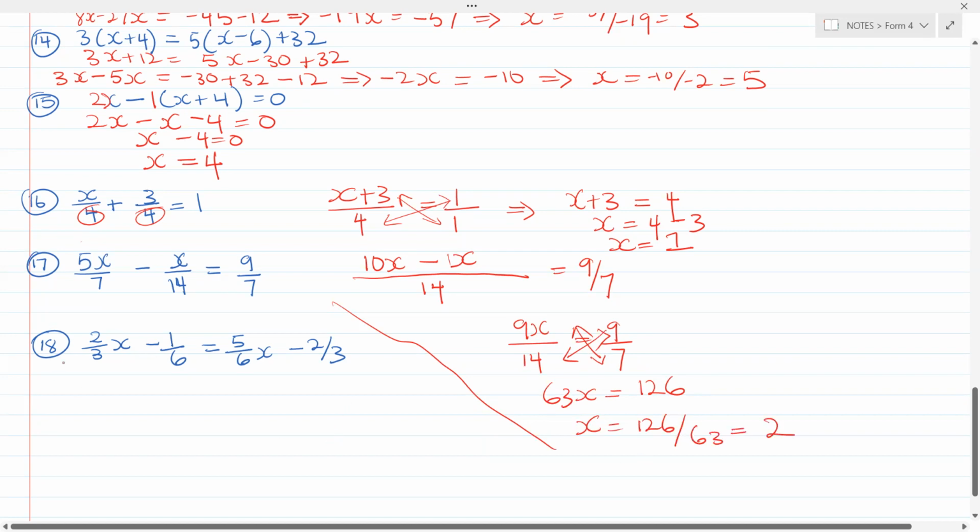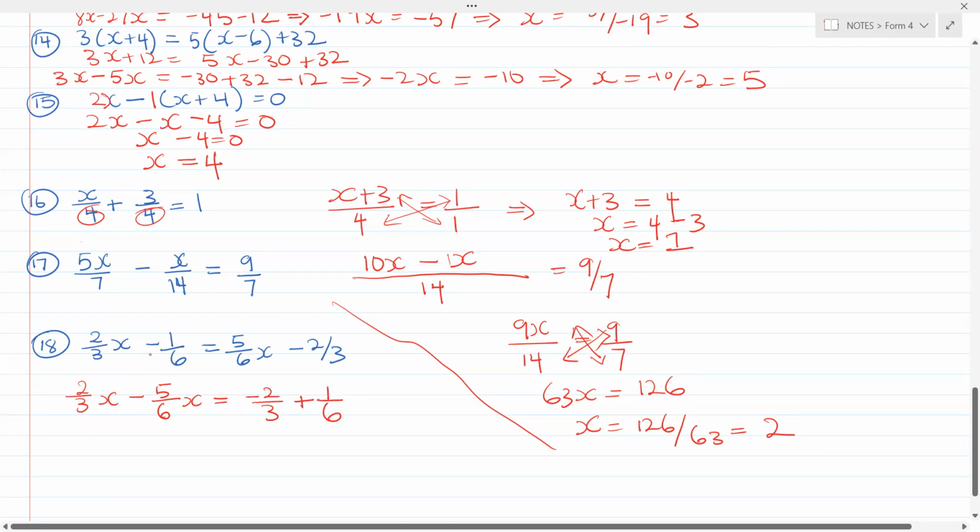All right, so number 18 now, it looks like what? Fractions, letters, regular fractions, what's happening? Same thing we would have done if these were regular numbers. We put all the x's on one side, so 2 thirds x minus 5 over 6x is equal to, I put back my negative 2 thirds and I add my 1 over 6 because of course I'm bringing it on the other side.